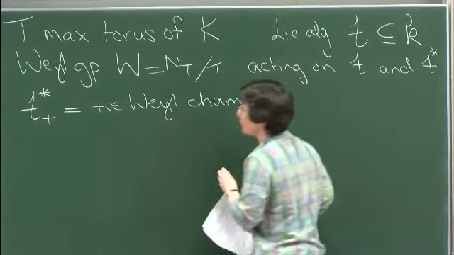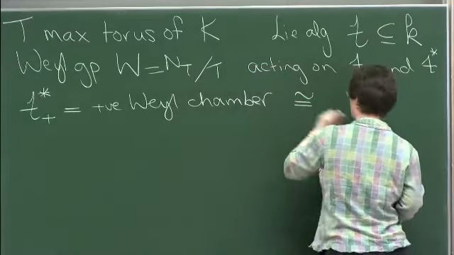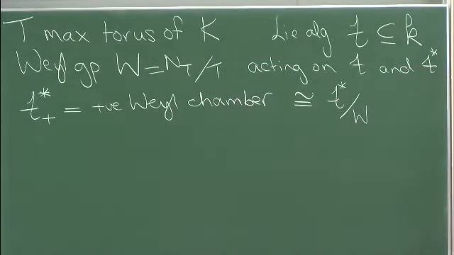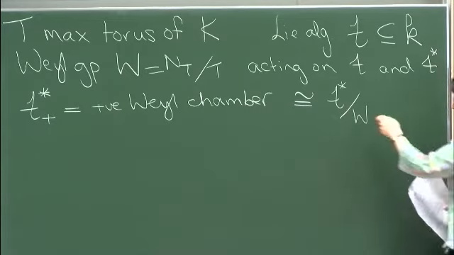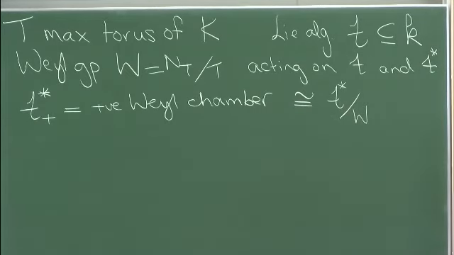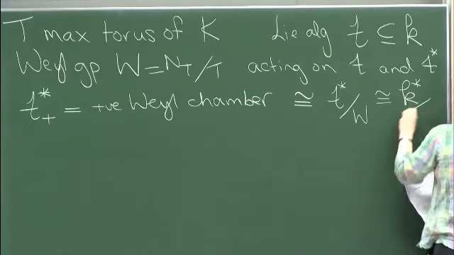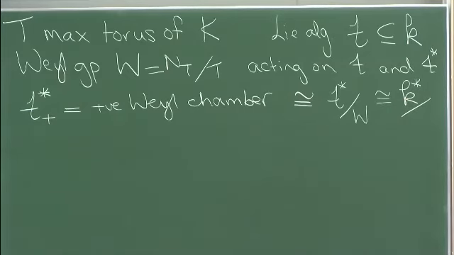Of course, we can identify this with both the quotient of the dual of the Lie algebra of the torus by the Weyl group, and with the coadjoint orbits in the dual of the Lie algebra of the whole group.